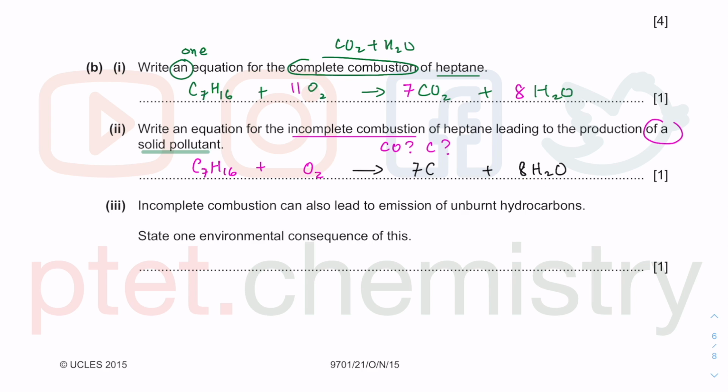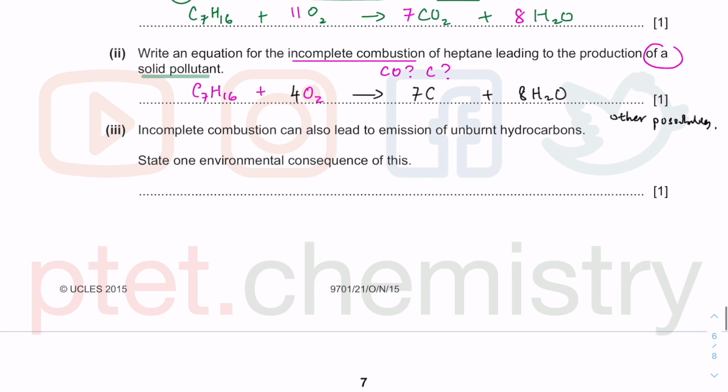So 16 hydrogen, 8 oxygen. Then I'll have 4 O2. Or you could have other equations, other possibilities, where you have less carbon produced, but you can produce CO or carbon dioxide, etc. As long as the equations are balanced, as long as you have a solid pollutant, the carbon soot there.